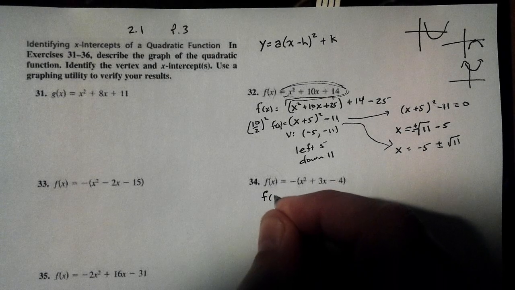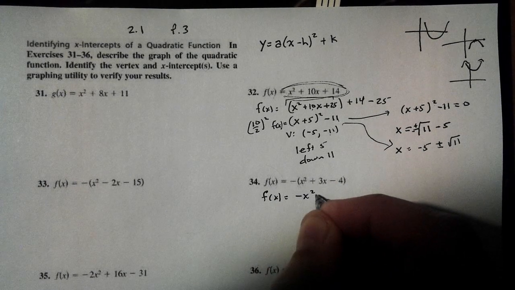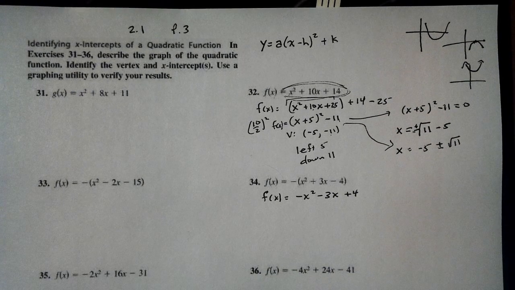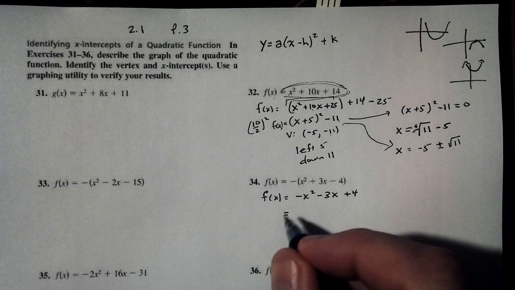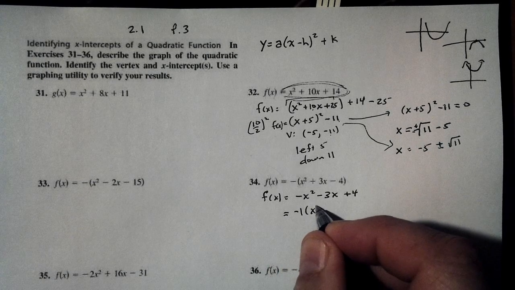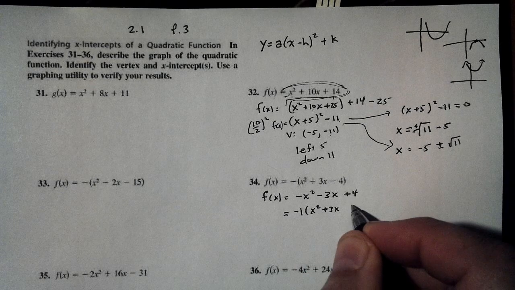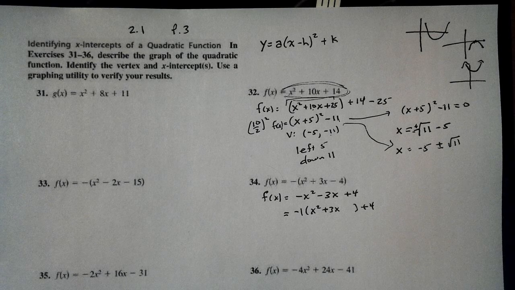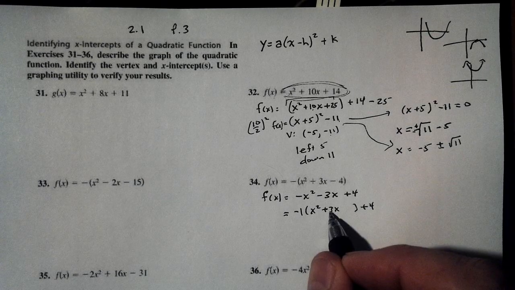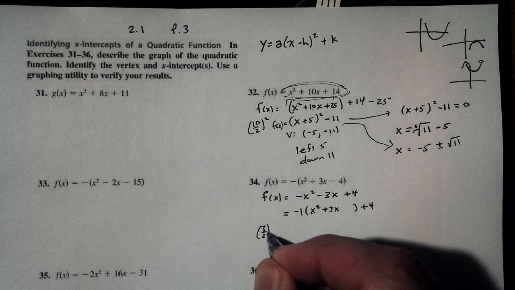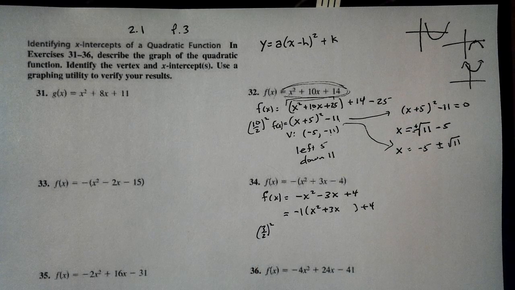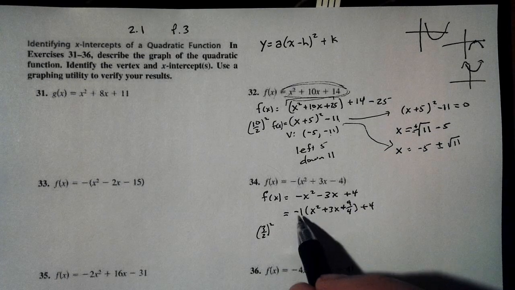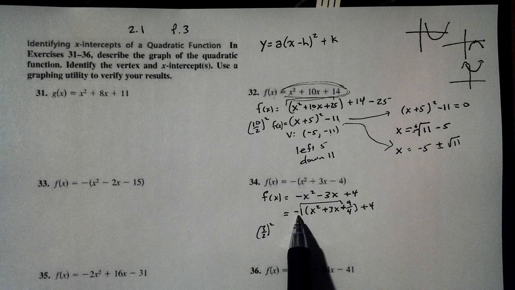Okay. F of x is negative x squared minus 3x plus 4. I'm not going to make that mistake. I need to complete the square, so I'm going to factor out a negative 1. X squared plus 3x, leave a blank, plus 4. And perhaps you could have done that in one step. And then I need half of 3 squared, 9/4, so that's plus 9/4, but I really just subtracted.